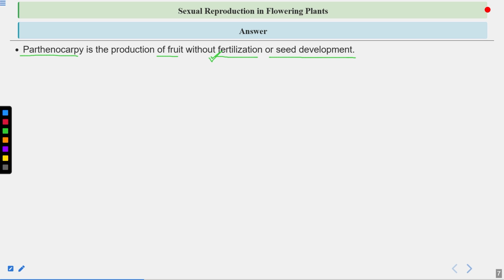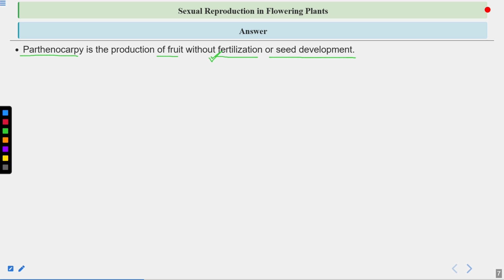Earlier there were grapes with seeds in the market, but they were difficult to eat. So they were developed with the help of parthenocarpy. They developed unfertilized fruits, and those are examples of parthenocarpy.